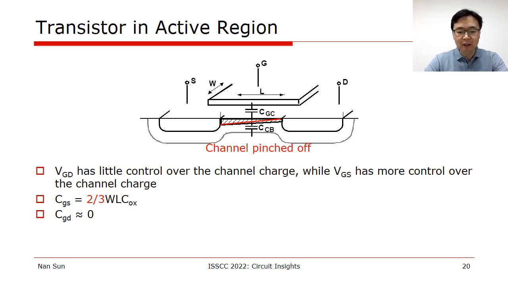The calculation can show that now the capacitance between the gate and the source is 2/3 of the total parallel plate channel capacitance, and it's given by 2/3 times W times L times the unit capacitance Cox. And CGD, as we mentioned, is almost zero because the drain has little control over the channel charge.